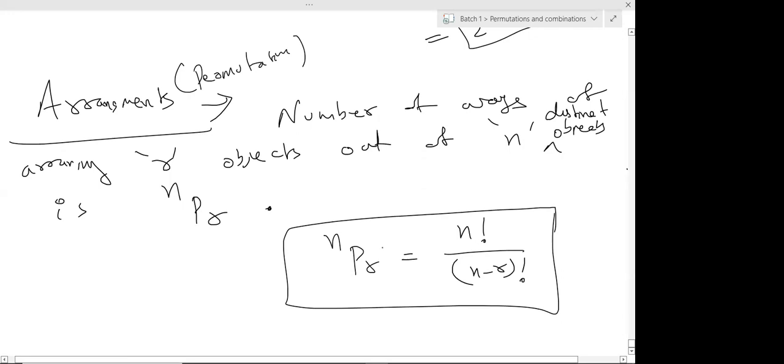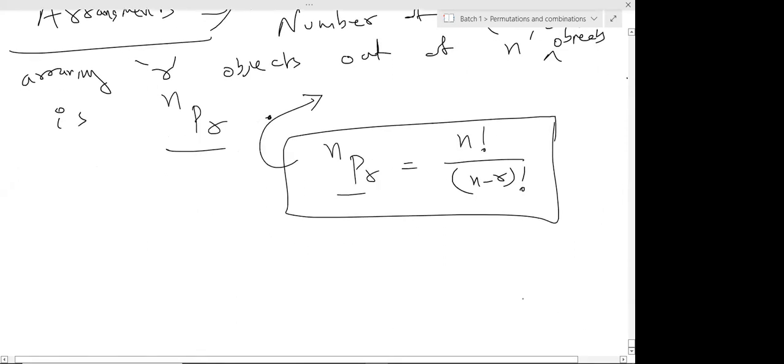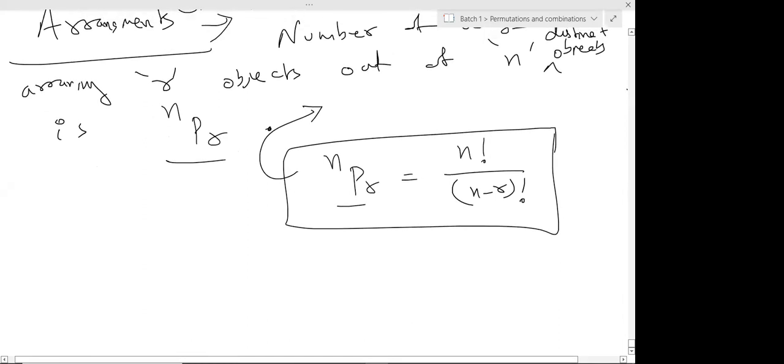All right then. So if we have n different objects and you have to arrange r objects out of them, then the simple formula is nPr. Note it down, then we'll solve a question. Yes, sir. Done, sir. Okay.